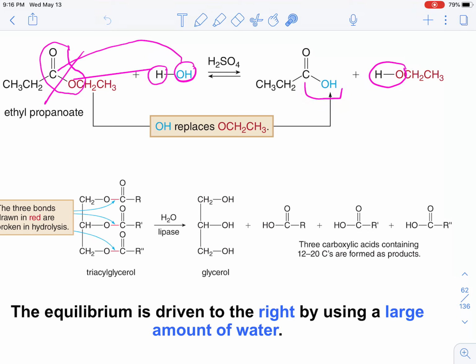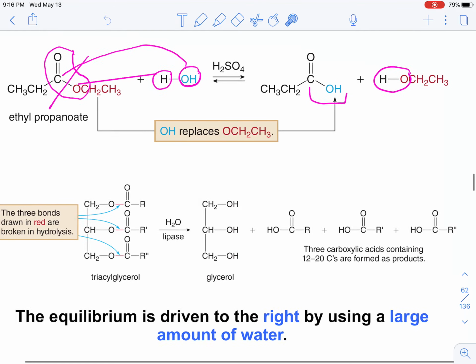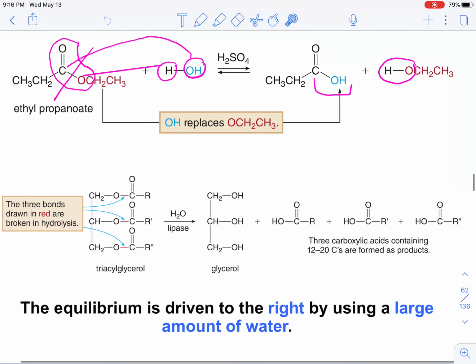Now, if initially in the reaction you only have an organic compound that's an alcohol, and an organic compound that contains a carboxylic acid, and you treat it with H2SO4 and there's very little water present, then you can go ahead and produce the ester. And so acid hydrolysis and esterification are complete opposites of each other.